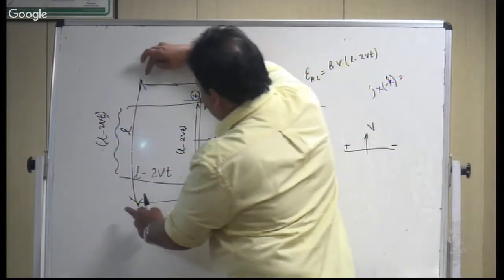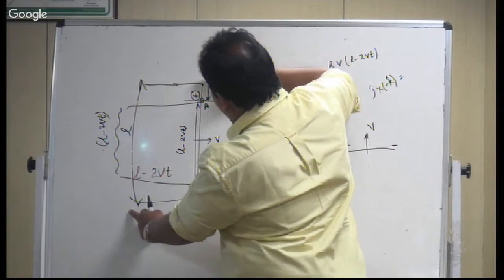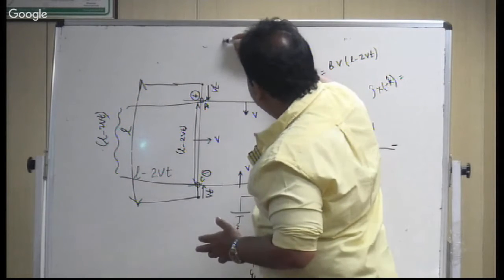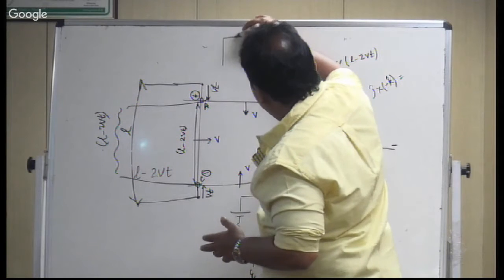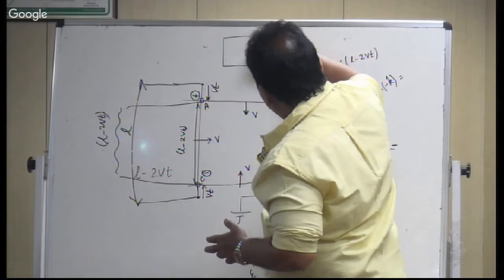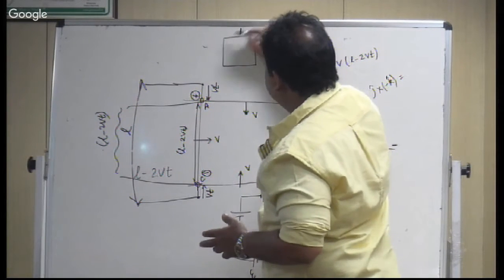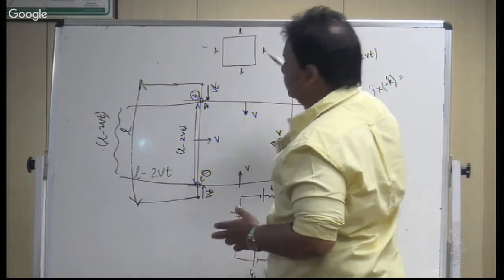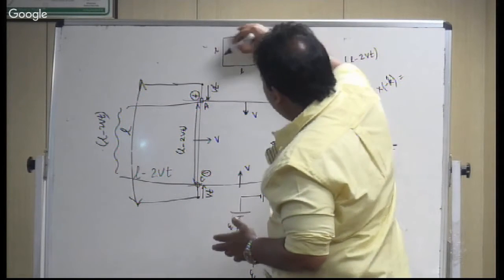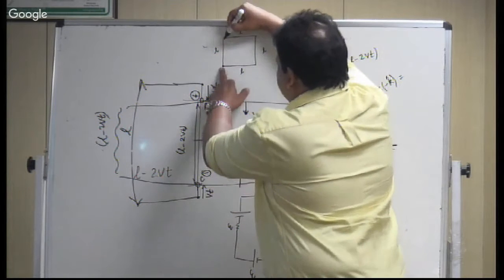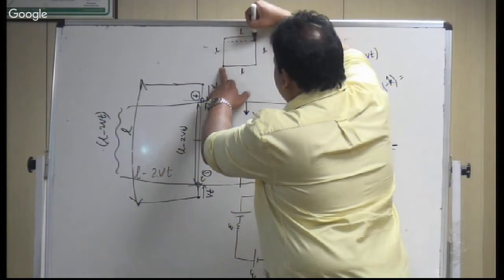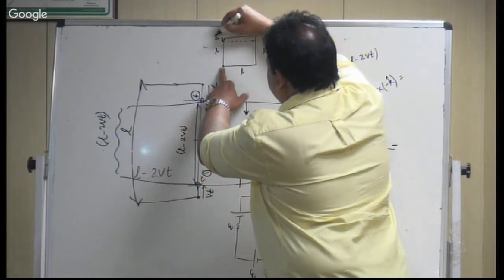The length was L. Now this rod, it was like this. All L. Okay. I'm worried about this length. Now in time T, this rod has traveled VT.